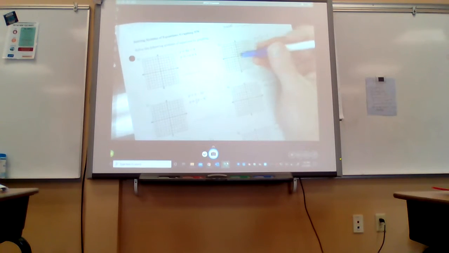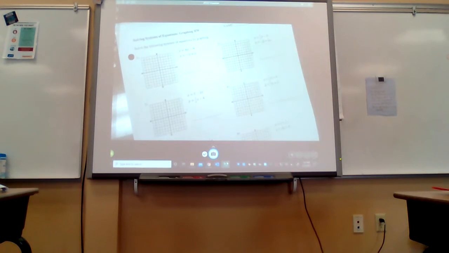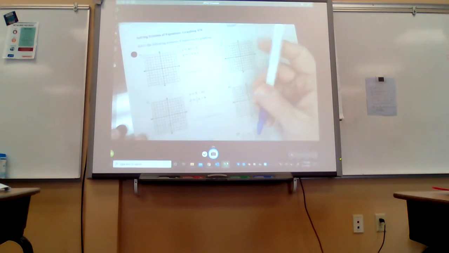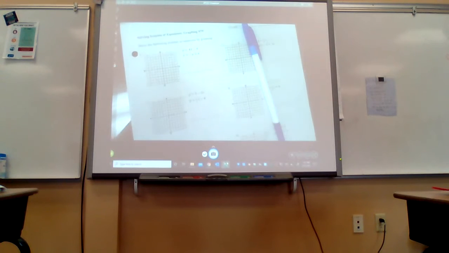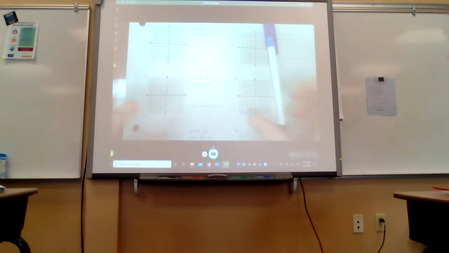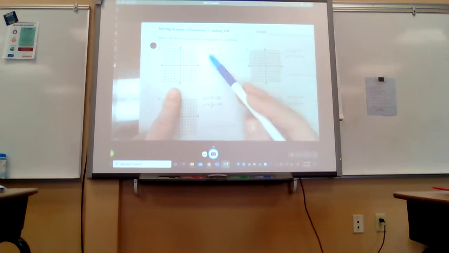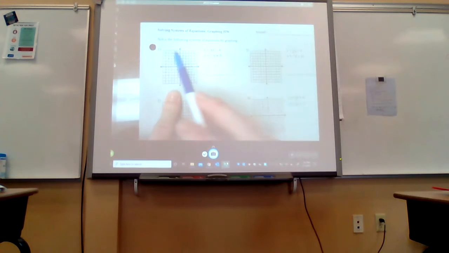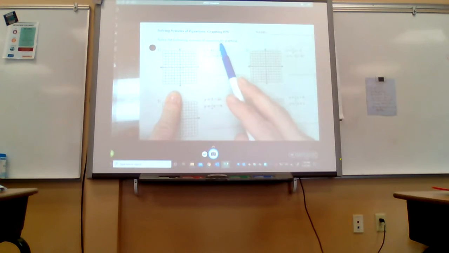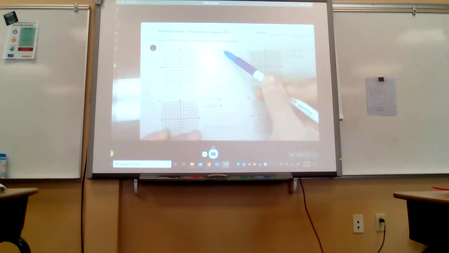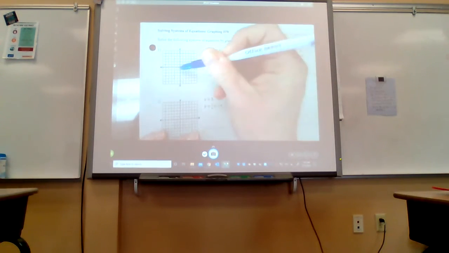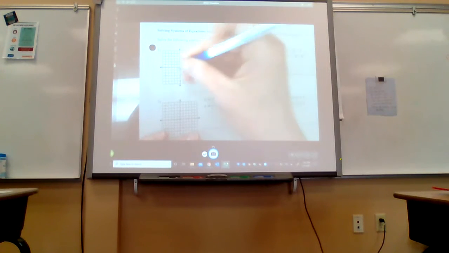Okay, so eighth graders, should we review. Y equals 4x minus 4, y equals negative x plus 6. Solve the following systems of equations by graphing. This one we're going to start at negative 4. 1, 2, 3, 4.